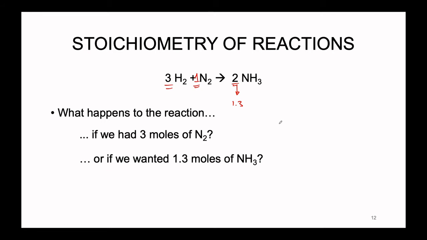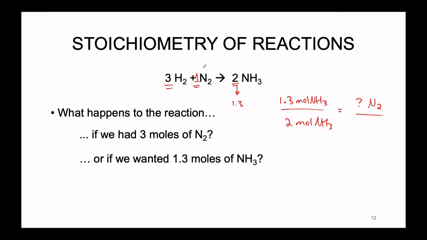If we want 1.3 moles of ammonia, of this NH3, well, we know that there's, per our chemical equation, 2 moles of NH3. And by setting up a simple cross-multiplying set of ratios, this 1.3 moles of ammonia is going to be equal to however much, in this new situation, of the nitrogen we would need.